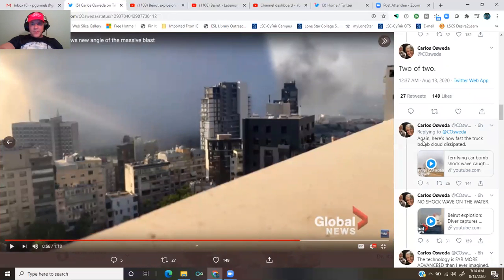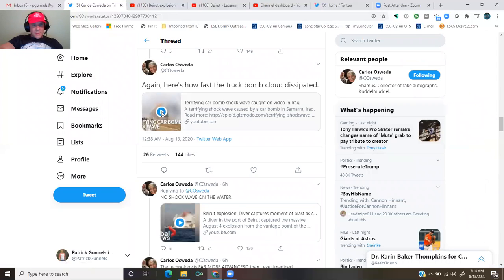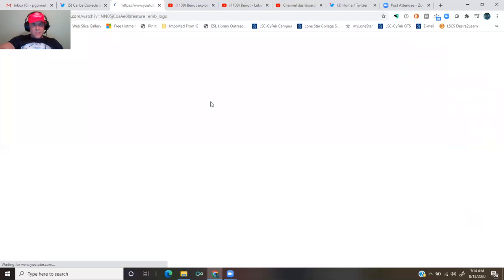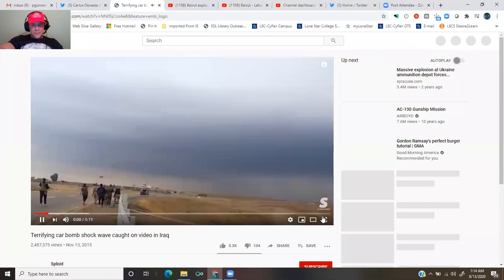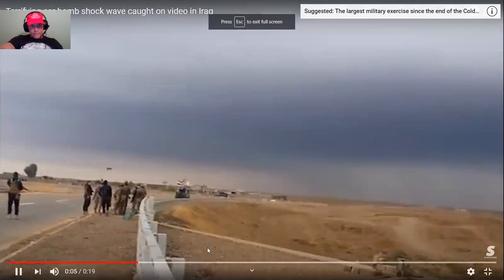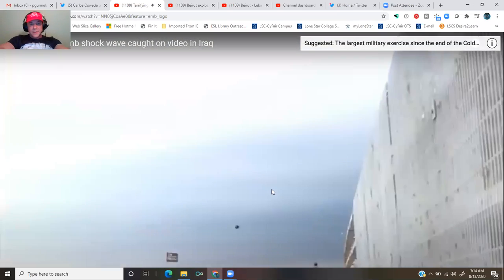Again, here's how fast the truck bomb cloud dissipated. Watch. Truck bomb cloud. Watch how fast. More or less instantaneous.